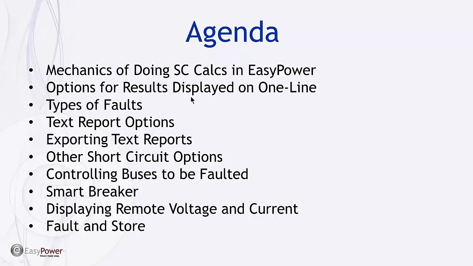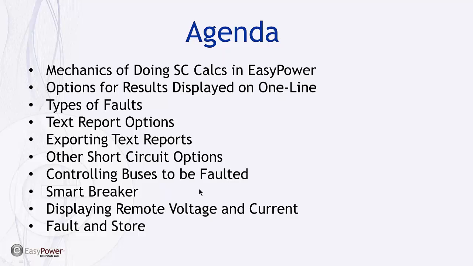So we're going to go through, kind of informally, these topics here. First we'll just walk through the process of doing short circuit calculations in EasyPower and how the program works and interacts with you. Next we'll look at what results get displayed on your one-line diagram and your options for controlling that.